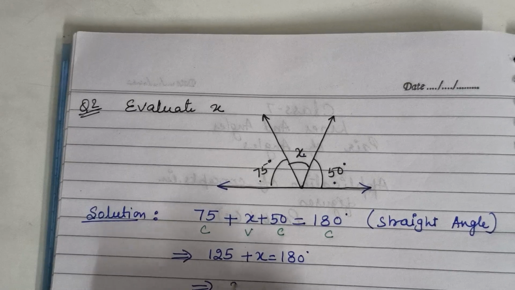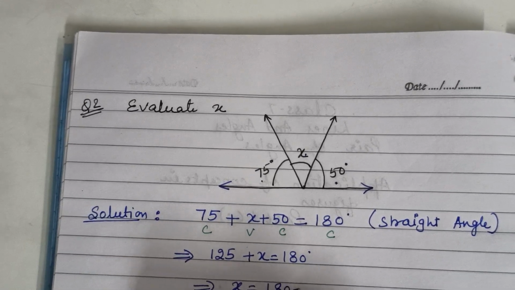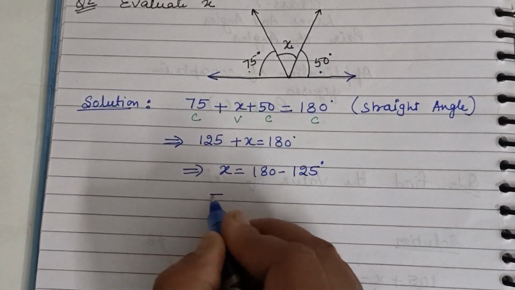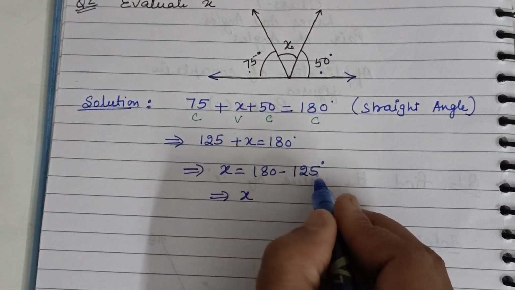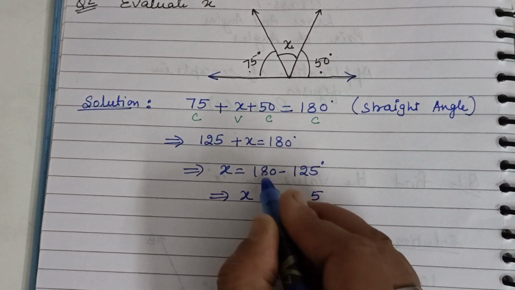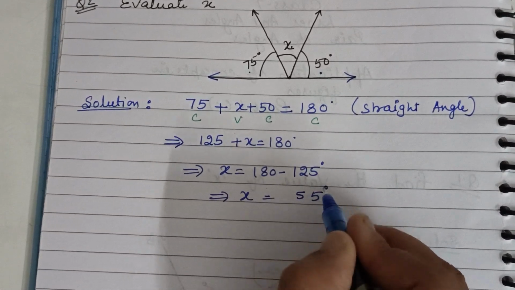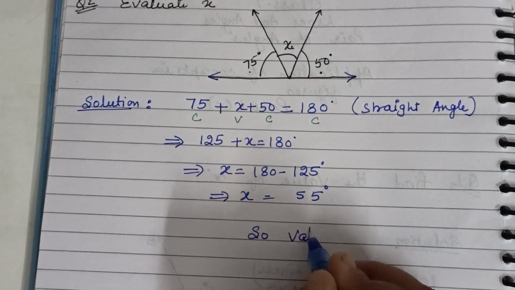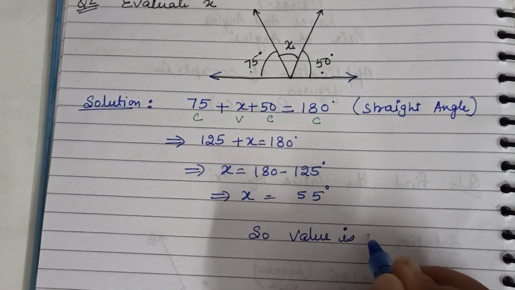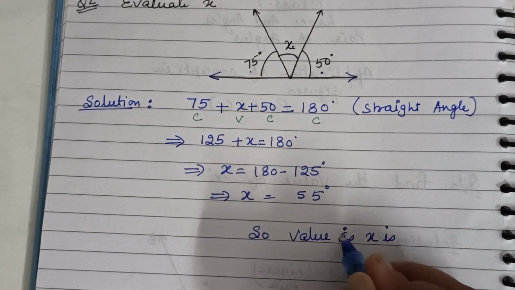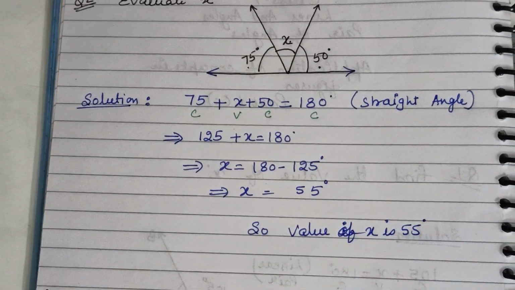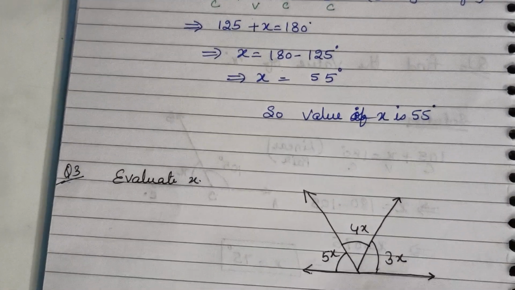So X equals 180 minus 125 degrees. So X equals 55 degrees. In this way you are able to find out the value of x.